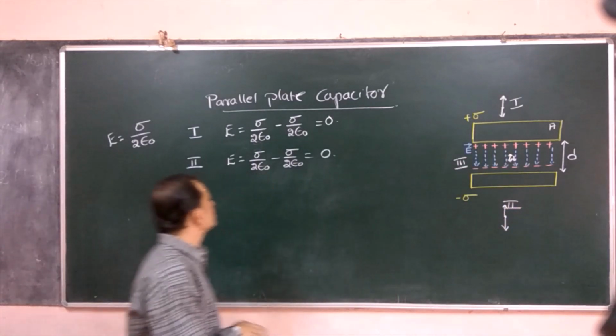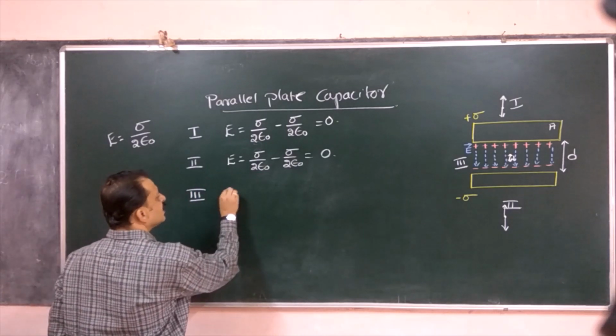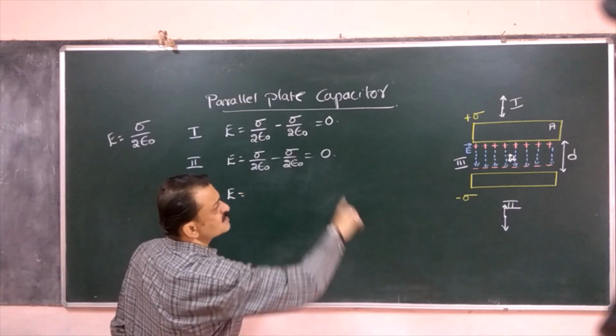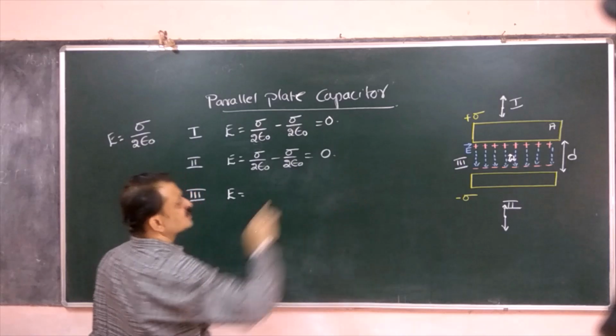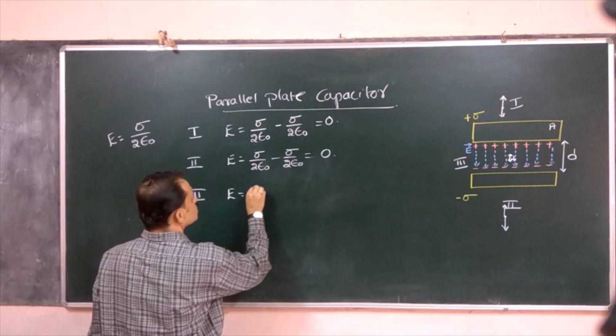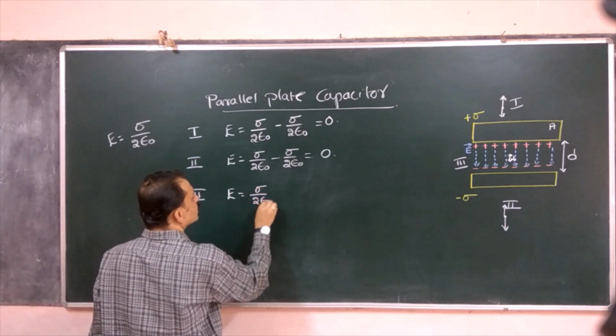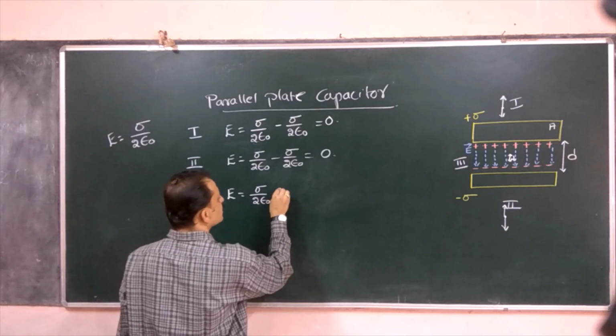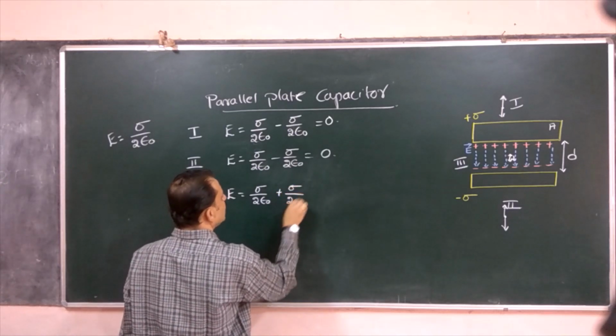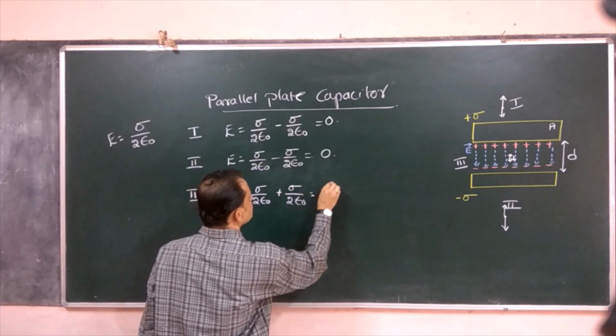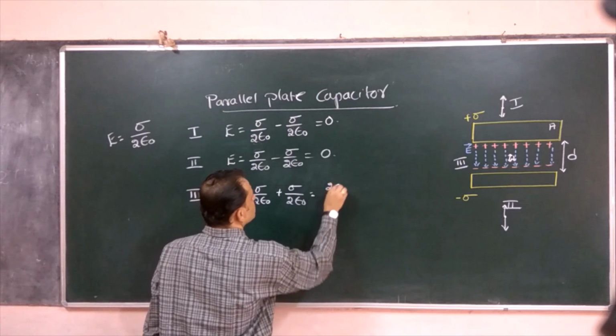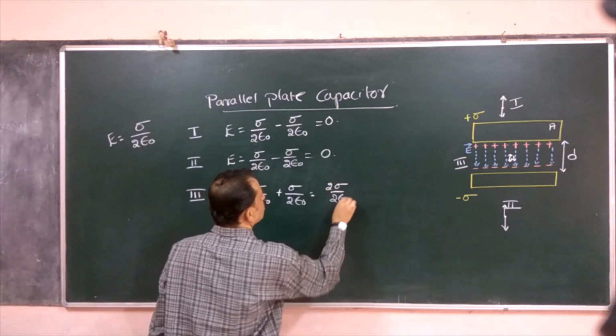Remember carefully. So therefore the net electric field at any point inside the third region is equal to, so the first one is sigma divided by 2 epsilon naught, so minus of minus becomes sigma divided by 2 epsilon naught, so that is equal to 2 into sigma divided by 2 epsilon naught.